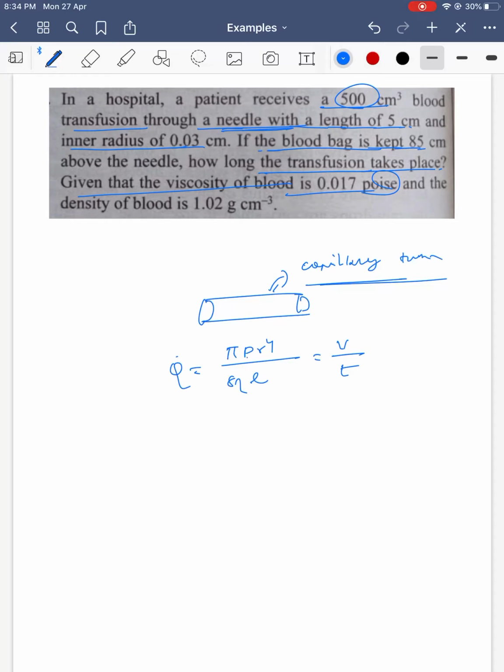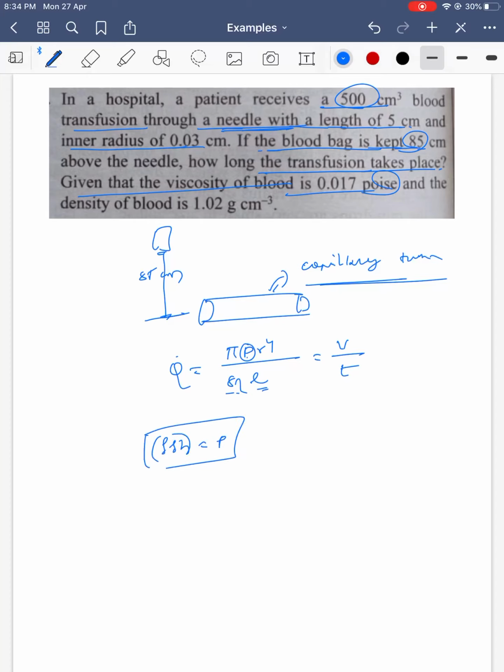Sir, how to get the p value? Radius, viscosity and length are known. P is determined by how high the bag is kept, 85 centimeters. So p is equal to rho gh.